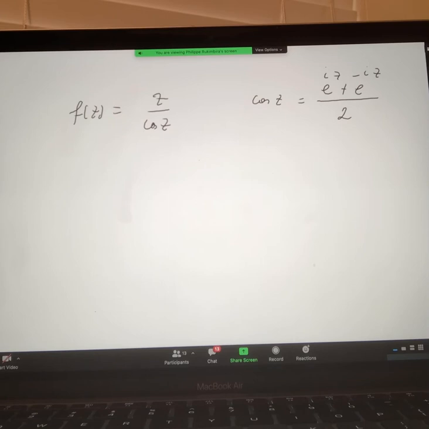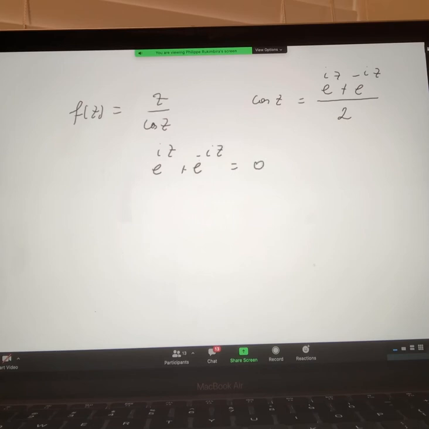Now we want to compute the singularities at those numbers. This is how we found the poles. Similar to something I did earlier, we need cosine to be 0.